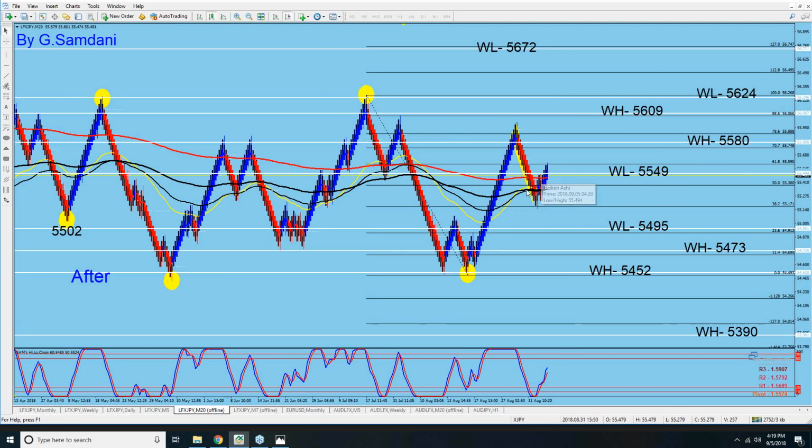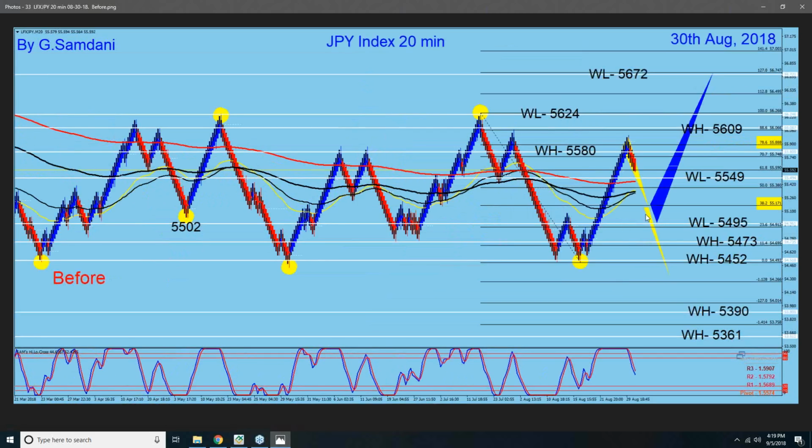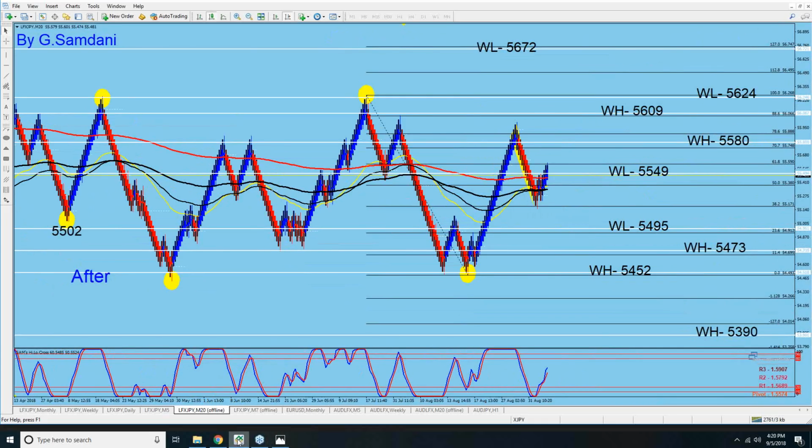So far on track, but if we're bouncing from here, does that mean we're going to go all the way there? According to this chart, we may go up here a little bit and then drop again. I'm looking at a drop on a higher time frame. I'm just covering the yen index, out of the blue.